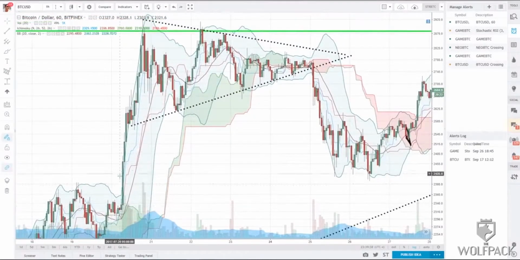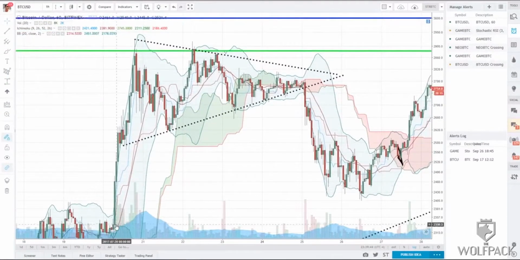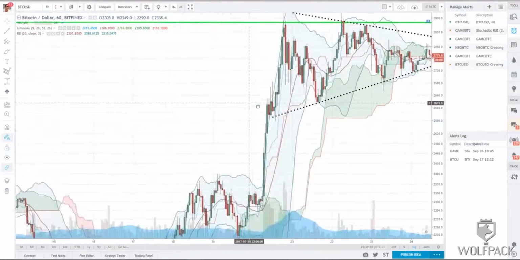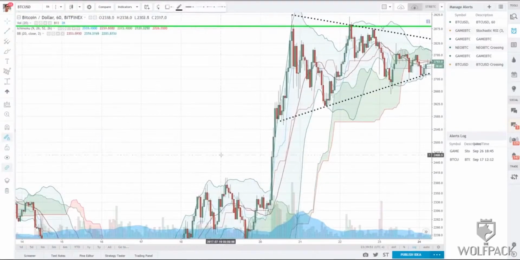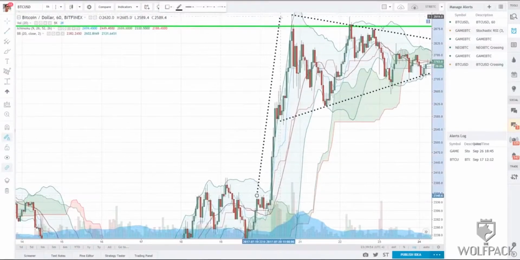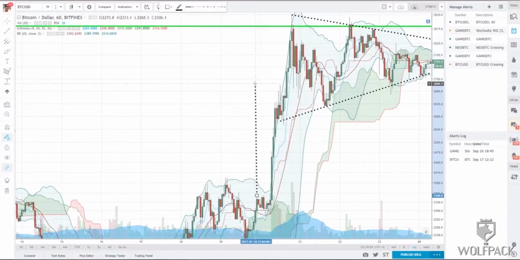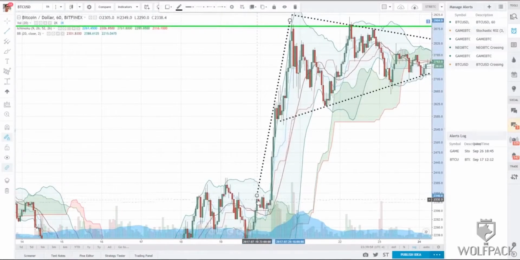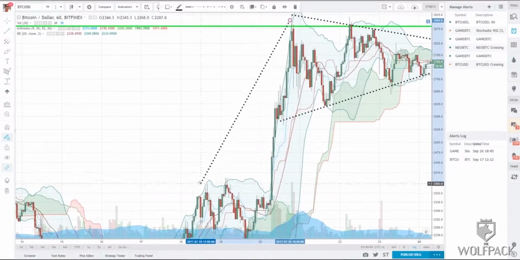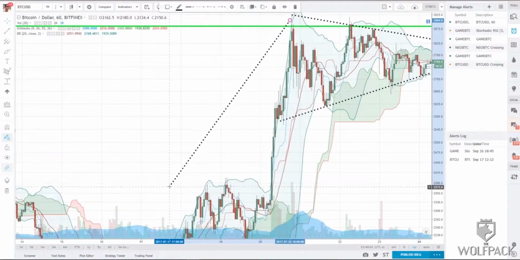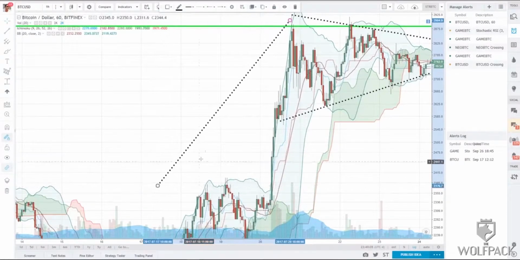But nobody listened to me. I was able to tell this was a symmetrical triangle instead of a bullish pennant because of the entry. There's always a large spike up, whereas in a bullish pennant, instead of this massive straight incline, it'll usually be a more natural, organic incline.